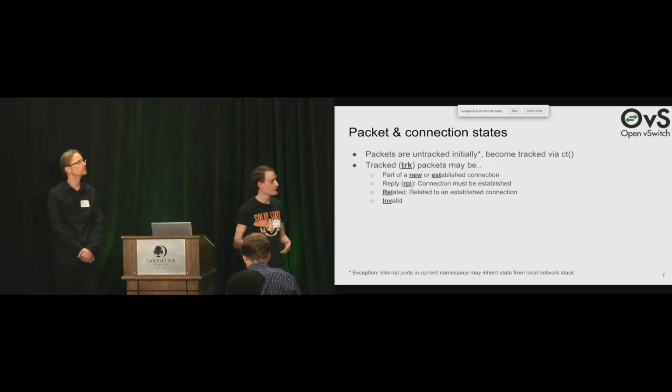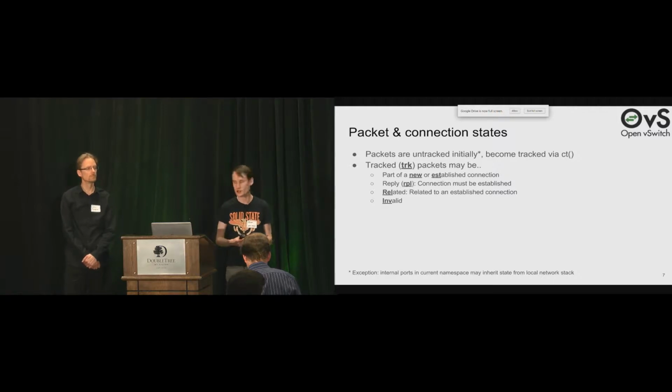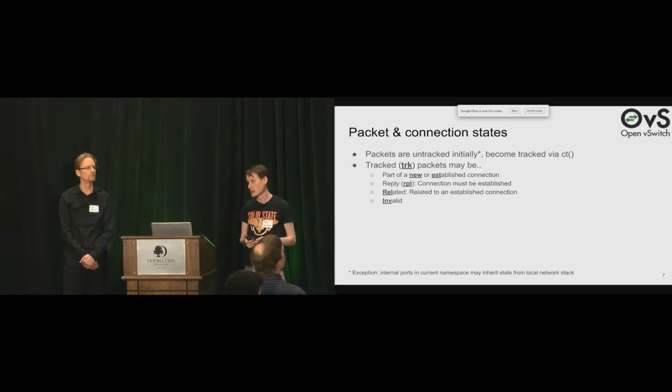So I sort of pointed out tracked and established, but I didn't actually explain what packet or connection states are available. So initially when a packet comes into OVS, in most cases, it will be what we call untracked. This is minus TRK. And what this says is that it hasn't previously been through the connection tracker.